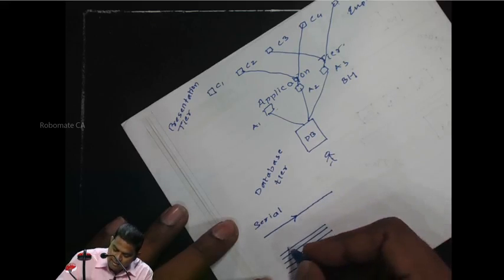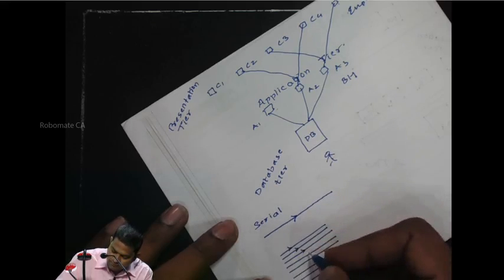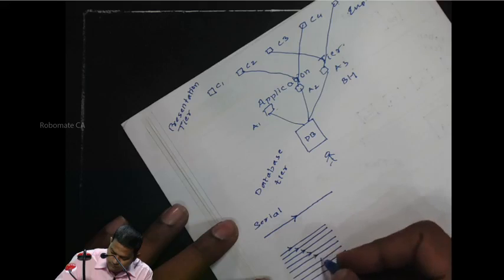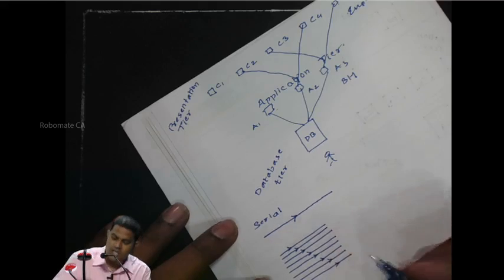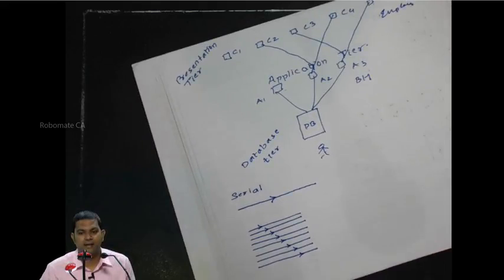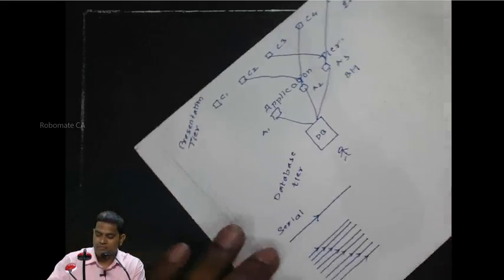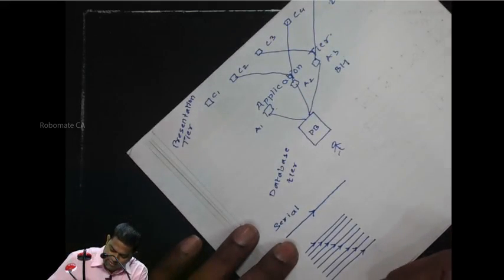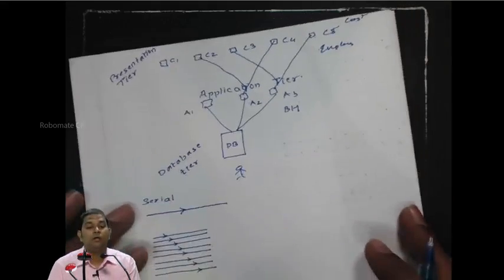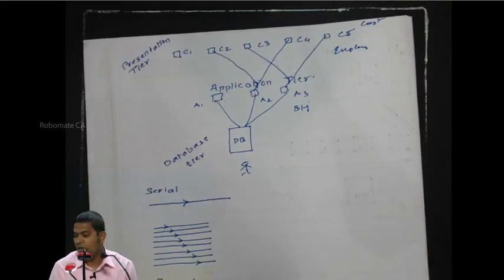And every line is able to transmit 1 bit at a time. This particular type of transmission is called parallel data transmission, or the parallel transmission of data.